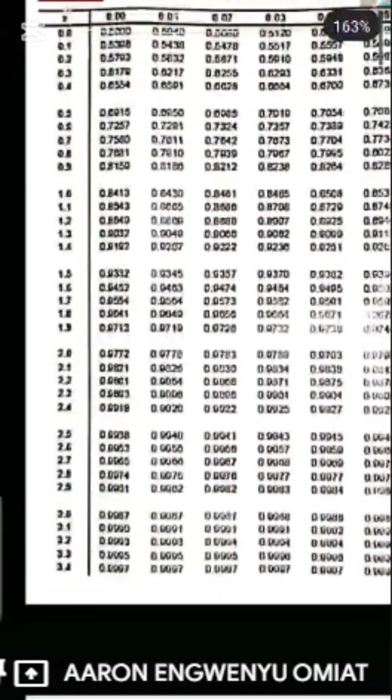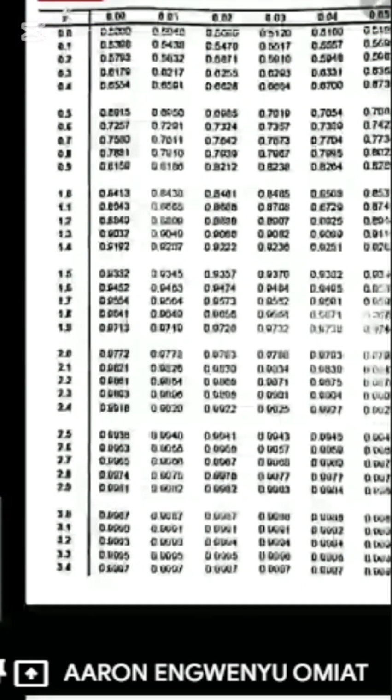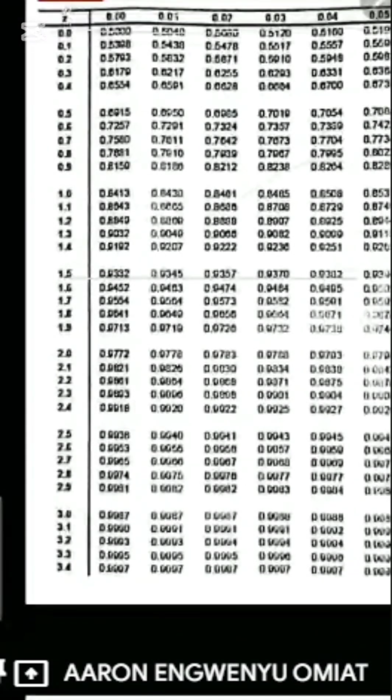If you come here, we get 1.5 is here. This is the row for 1.5, but now we are saying 1.50, so we take the first one. If it was 1.51, we take this one. But in this case, what we require is 1.50. It's clearly highlighted here. Our Z value 1.5 is here in red.